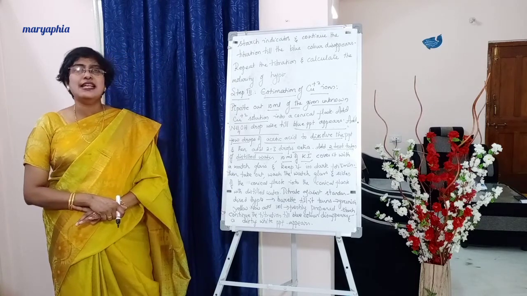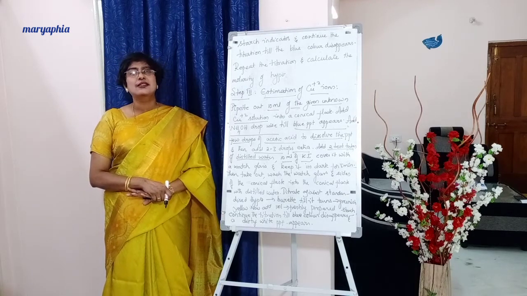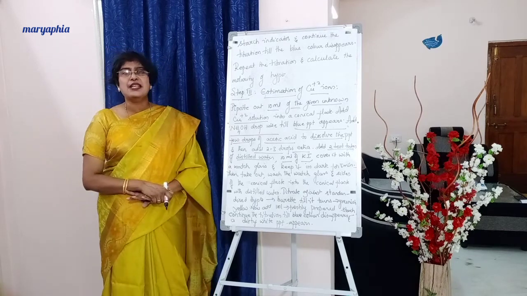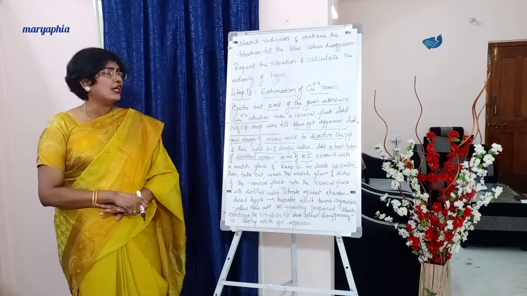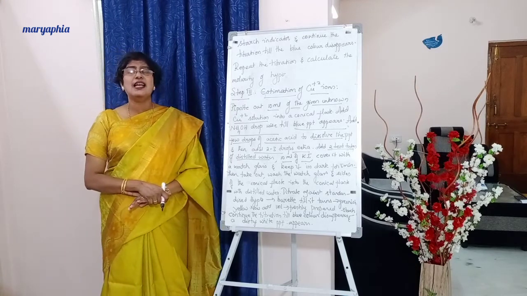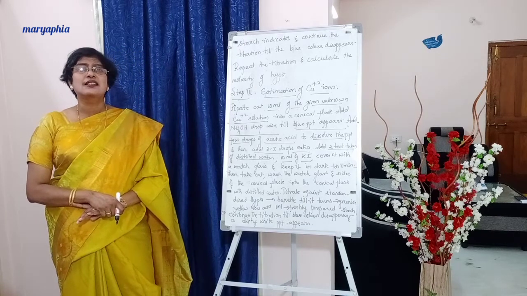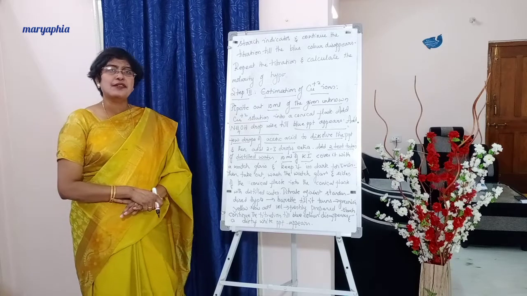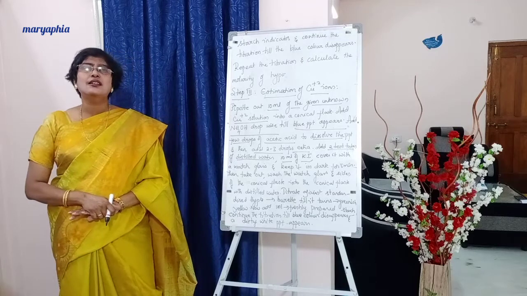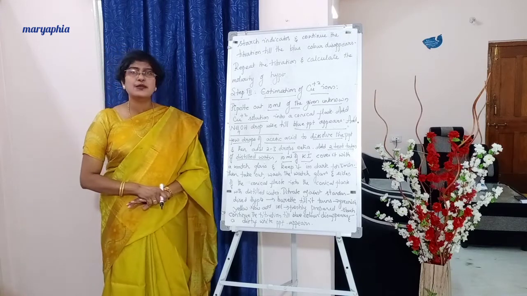Add NH4OH dropwise till a blue color precipitate appears. Full stop. Then add few drops of acetic acid just to dissolve the precipitate, and then add few more drops of acetic acid. Full stop.